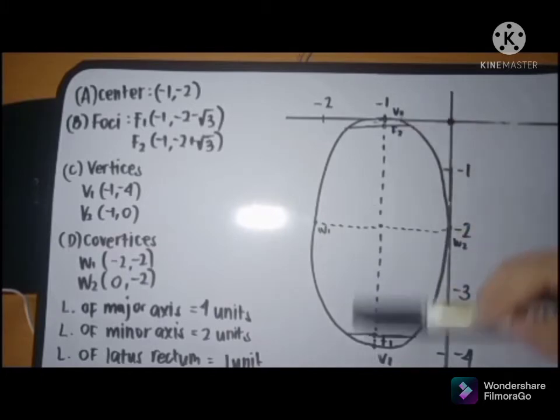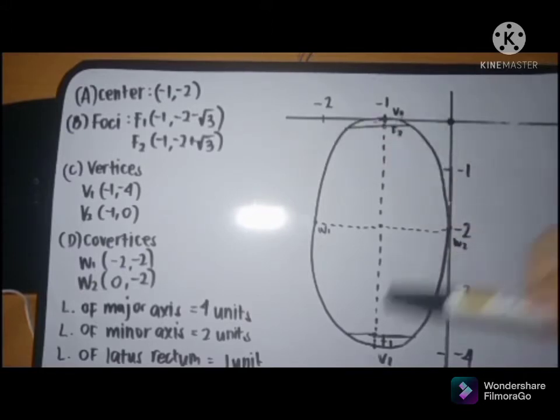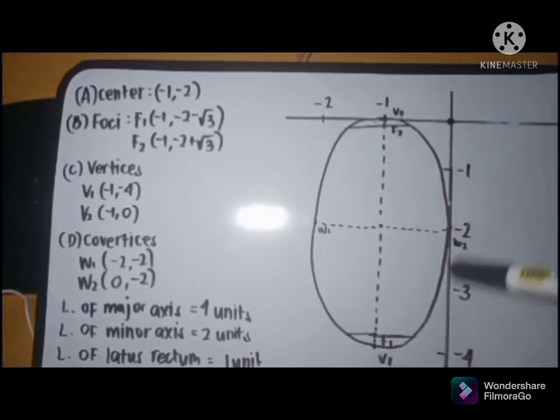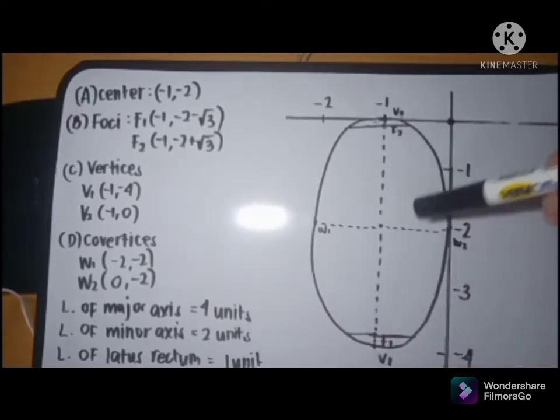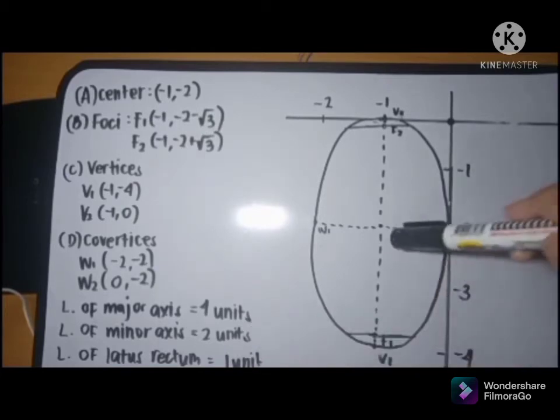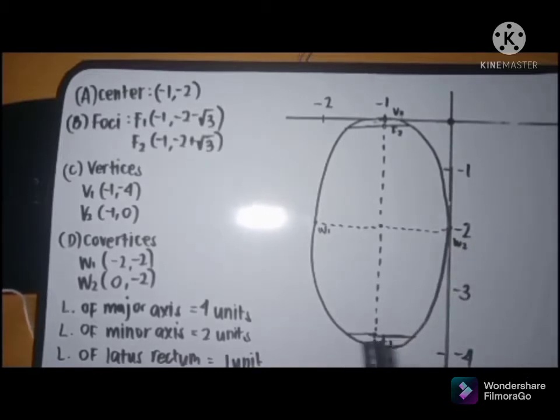As you can see here, we have the foci, the center, the co-vertices, the latus rectum, and finally, it is in a vertical orientation in quadrant number 3. The length of the major axis is 4 units. The length of the minor axis is 2 units. And for the latus rectum, I already drew a line segment at foci number 1 and foci number 2.